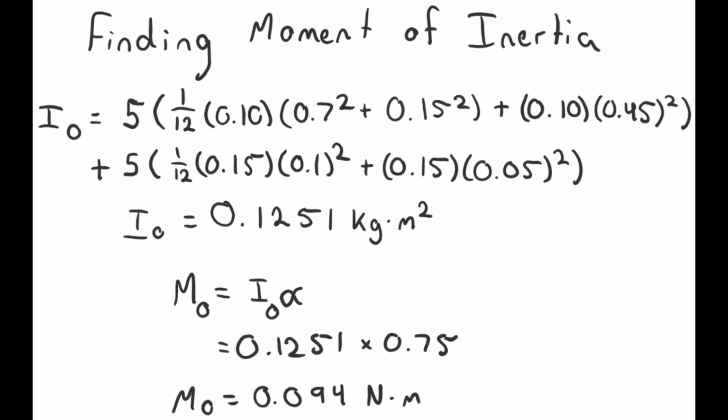Same goes for the rods, but it's just a change of the number and the change of the moment of inertia equation that's initially used. That gives us the answer of 0.1251 kilograms meters squared, and then to finish it all off, multiplying it by the angular acceleration gives us our moment of 0.094.